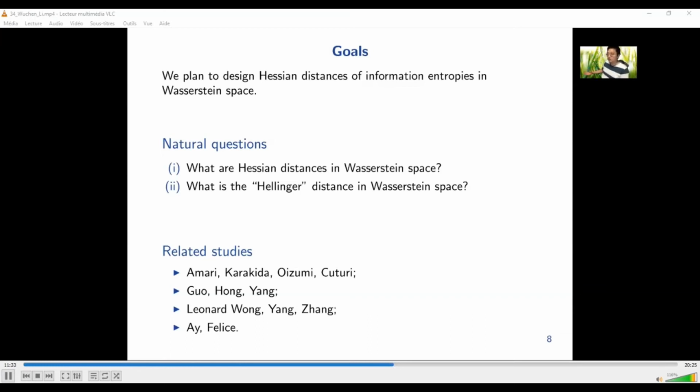Okay, now here I'm talking about Wasserstein space. I'm talking about a very simple one, let's say Wasserstein 2 space. And what is the Hellinger distance in the Wasserstein space? Okay, there are related studies by Amari, Guo et al., Leonard et al., and Nihai et al. So they are all working on things around this. But in this talk, we try to provide you analytical formulas which demonstrate the very close relationship between information geometry and optimal transport.